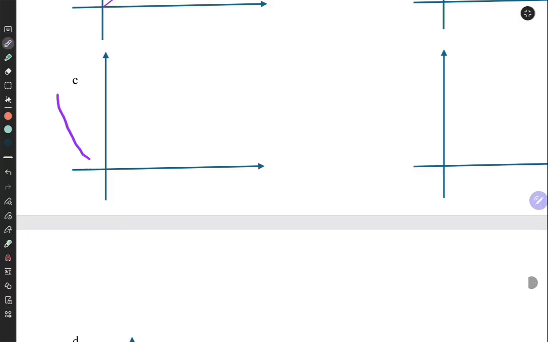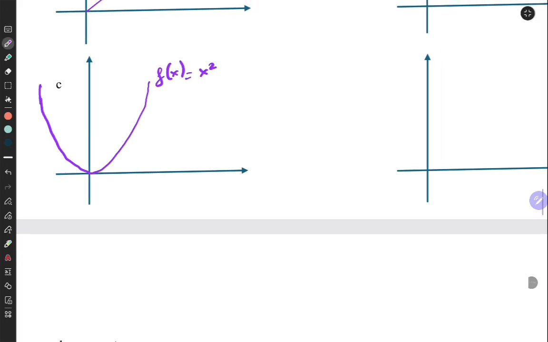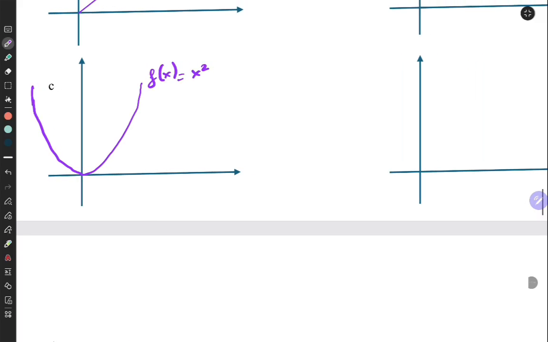A parabola. Can you work within your group? Try to visualize what would be the derivative of this. We have tangent lines, try that. Work in the group and draw that.